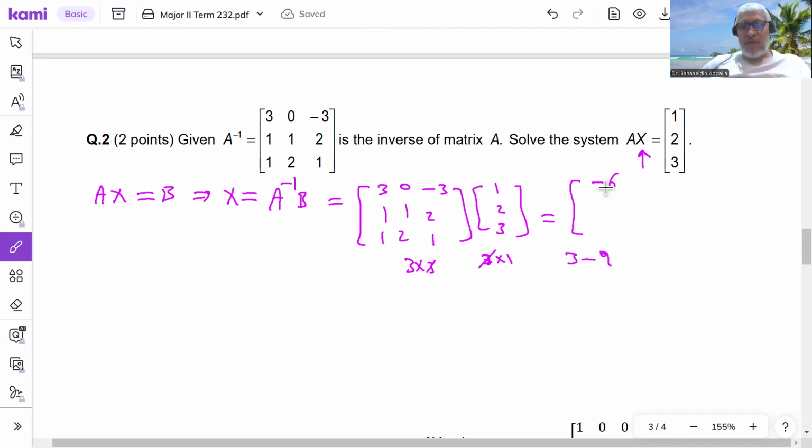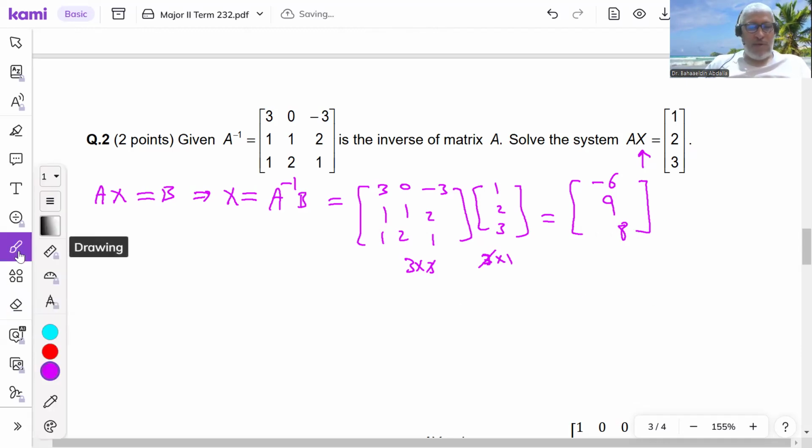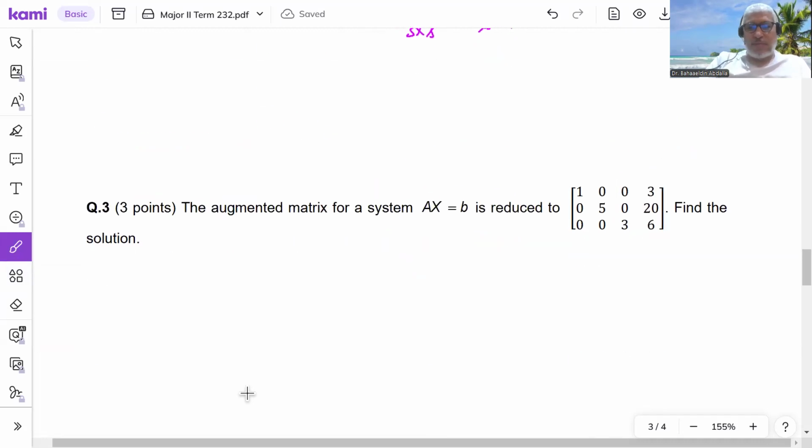So 3 minus 9 is -6. 1 times 1, 1 times 2, 2 times 3, 6 plus 2 plus 1 is 9. 1 times 1, 2 plus 2, 1 times 3, 7 plus 1 is 8. So this is the answer, -6, 9, 8. This is how I multiplied the two matrices.